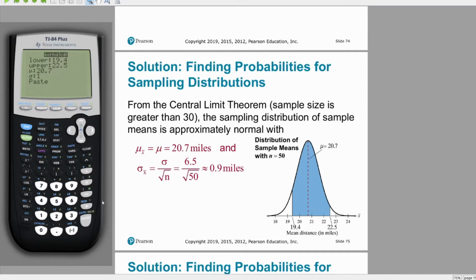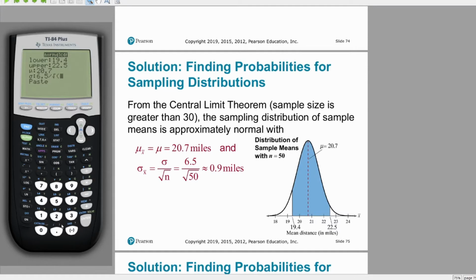And for sigma, the standard deviation, it's not enough to just take the value of 6.5 here. The reason for that is when we're talking about the behavior of a mean, because a mean takes into account usually many values, in this case 50 values, we want to notate the fact that it has a lot less variation than a single value.